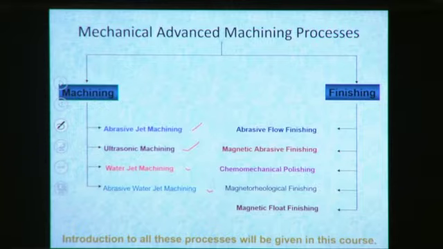So these are the different kinds of mechanical type advanced machining processes and finishing processes. Introduction to all these processes will be given in due course.